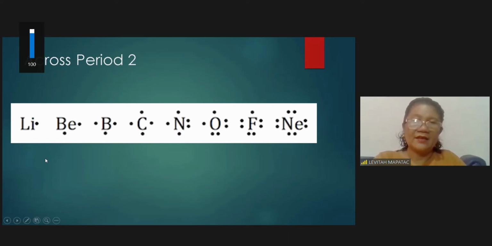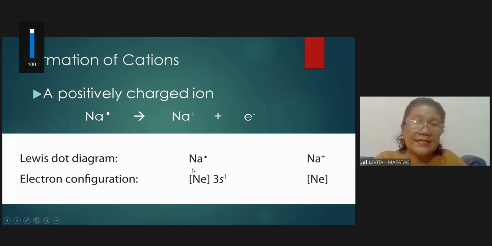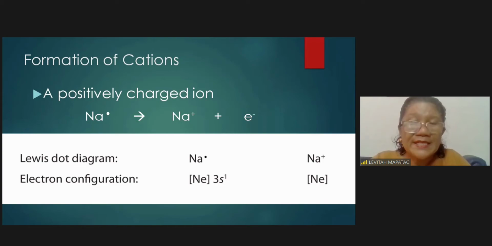So for instance here, your sodium, what is the atomic number of sodium? That is 11, isn't it? So its electronic configuration, for a shortcut, is noble gas Ne and 3s1, or that is 1s2, 2s2, 2p6, then followed by 3s1.